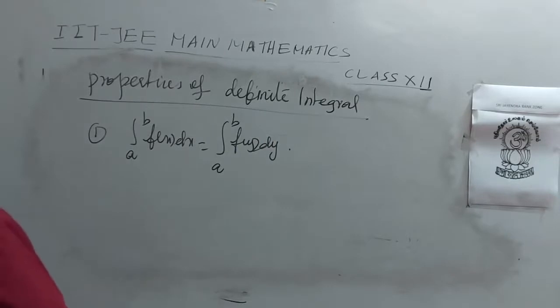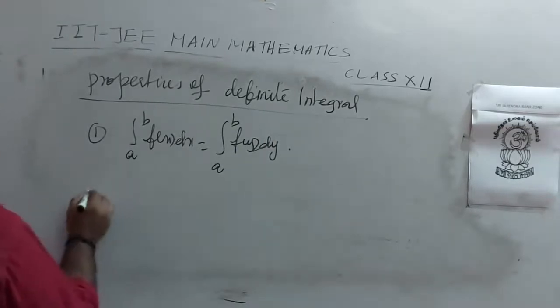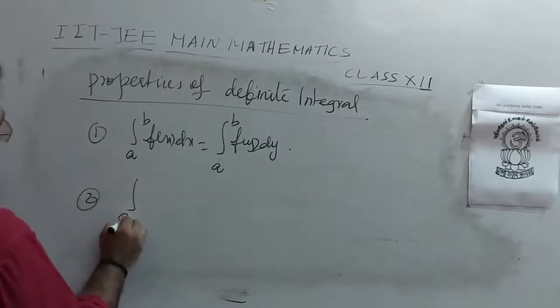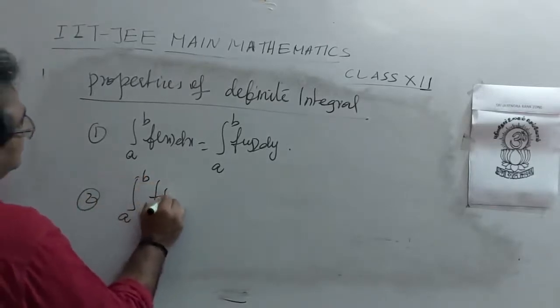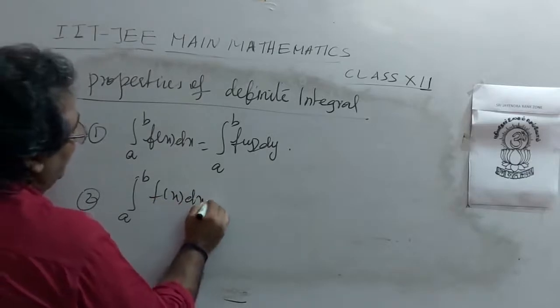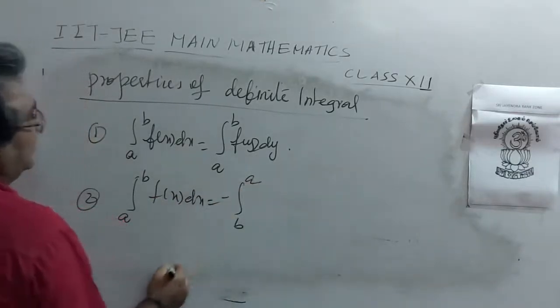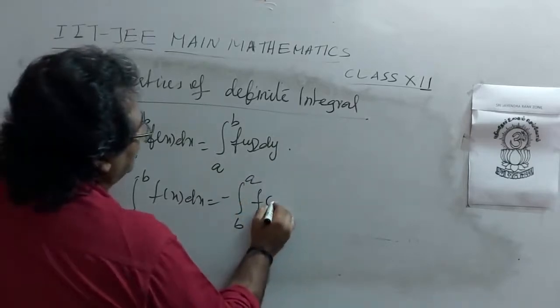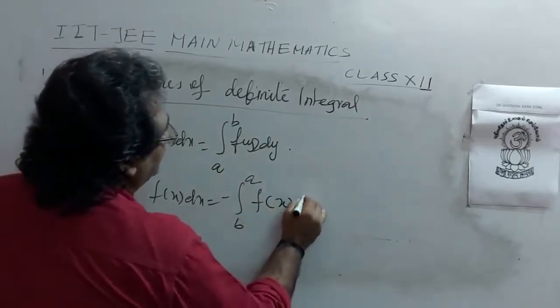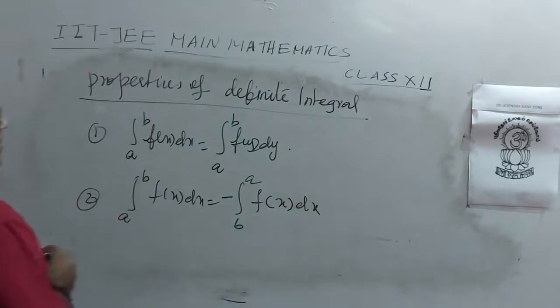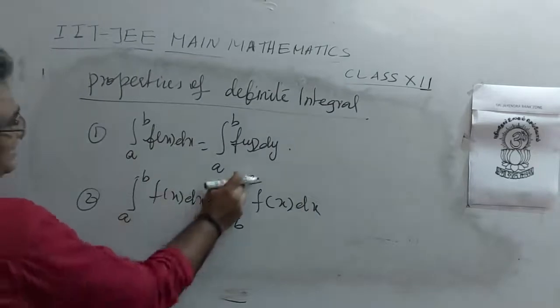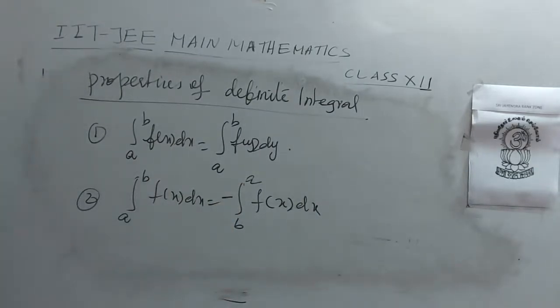The variables can be changed in the definite integral. Integral a to b f of x dx equal to integral minus b to a f of x dx. If you interchange the limits, the sign will be changed.